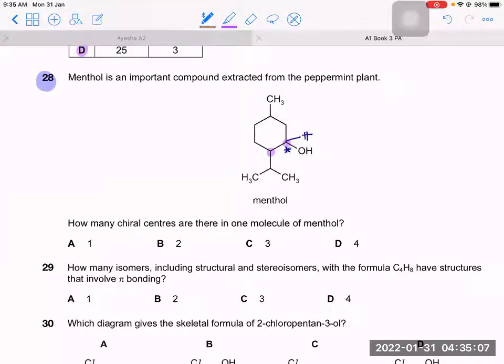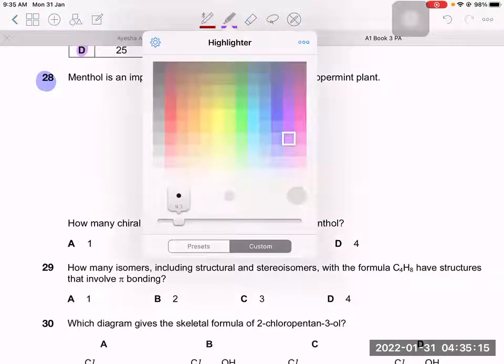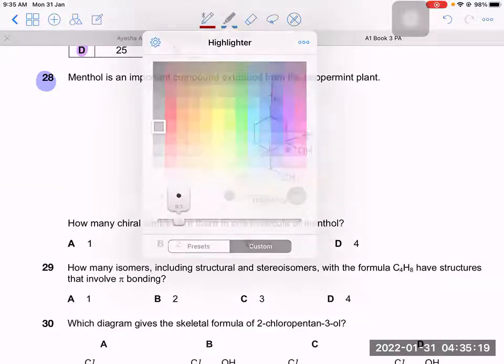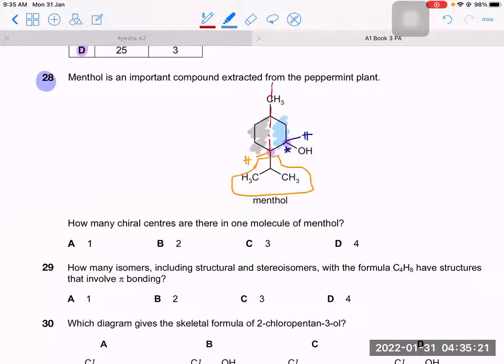You have 1 hydrogen. 1 is all of this stuff. And then for the third and the fourth bond, we make a line of symmetry. You see, this side is very different from this side. Do you see all 4 bonds are different? Is this chiral? Yes. How many chiral centers do we have? 2.